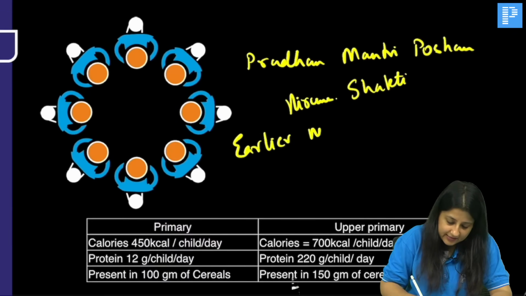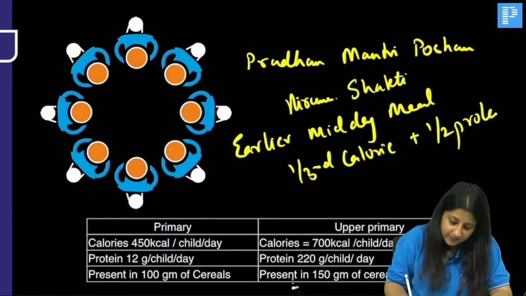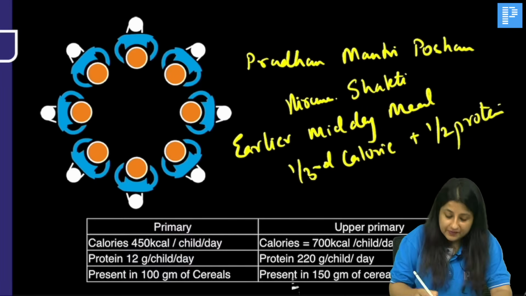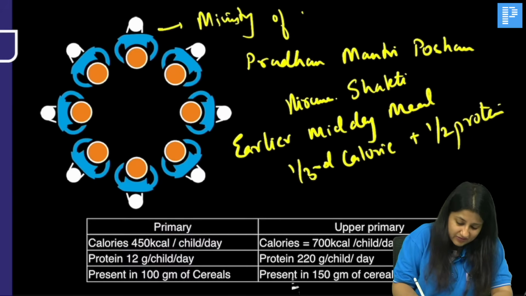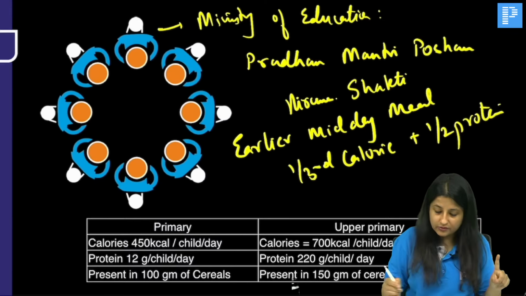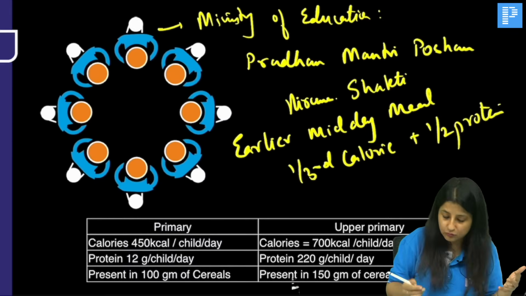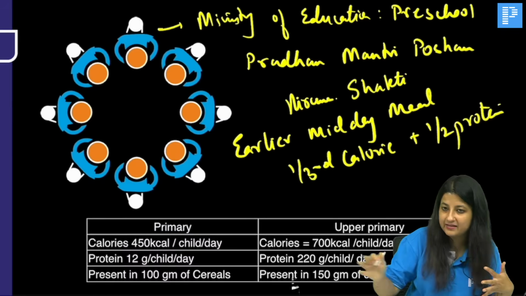ठीक है? Earlier this was midday meal, and under this we have to focus on 1/3. Each plate should provide 1/3 calorie and half protein. This is under Ministry of Education, guys. And remember one more thing about this, that now it also includes the preschool children. पहले क्या था? सिर्फ class 1 और class 8 तक के बच्चे थे.